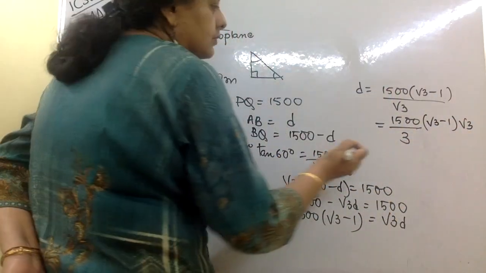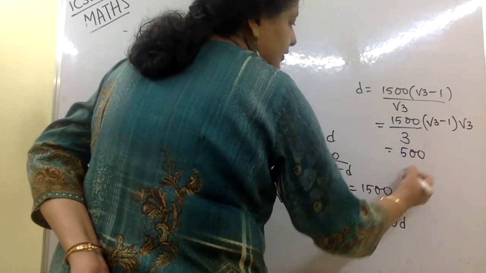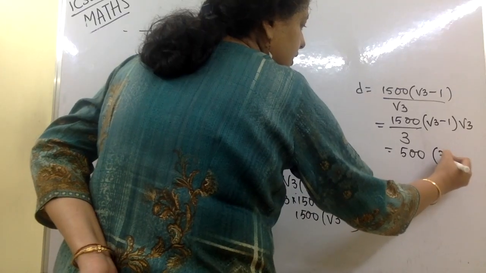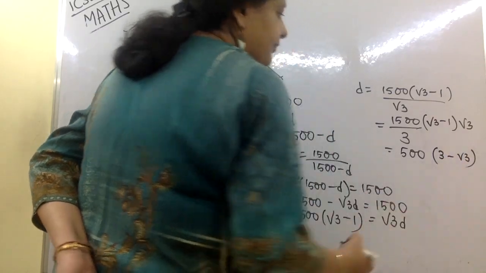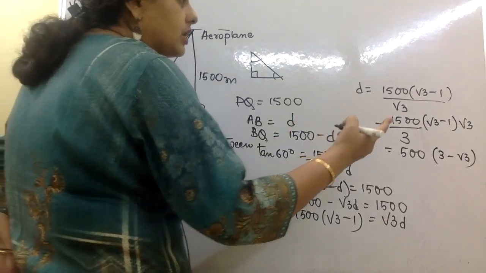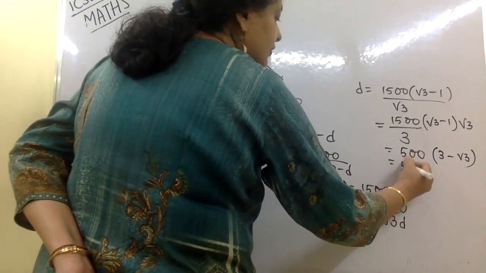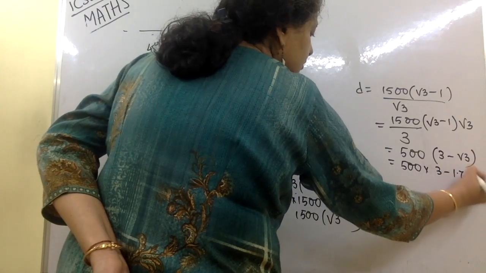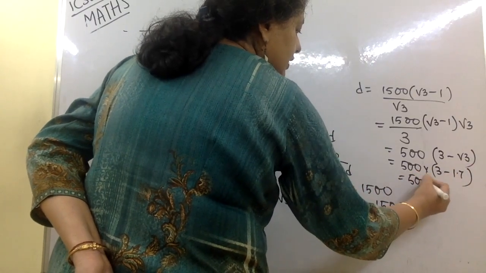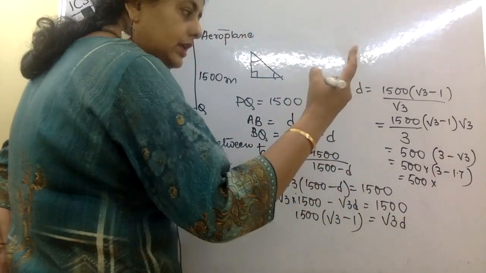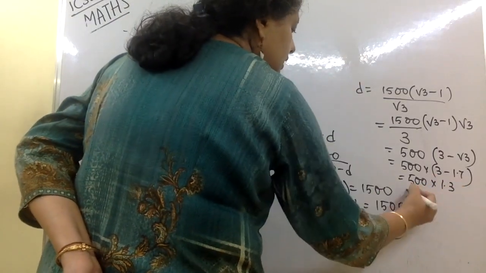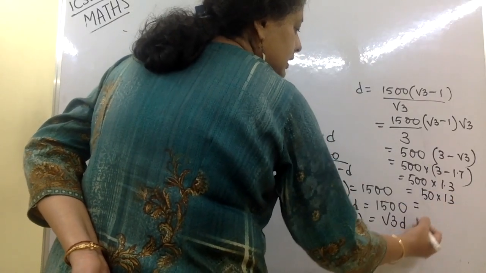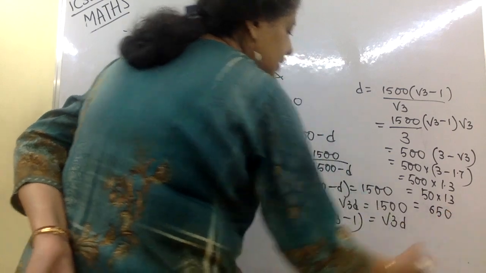That is equal to 500 into (3 minus root 3). You must know to calculate these things. 500 into (3 minus 1.7). You can leave it like that. 500 into 1.3, that is equal to 50 into 13, that is equal to 650.